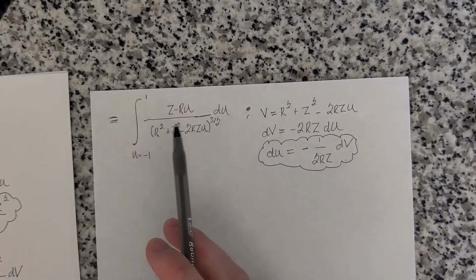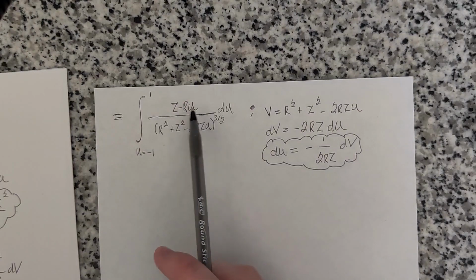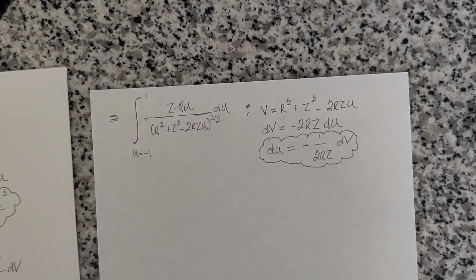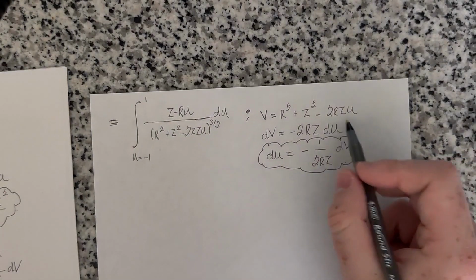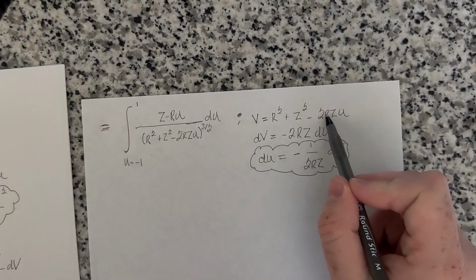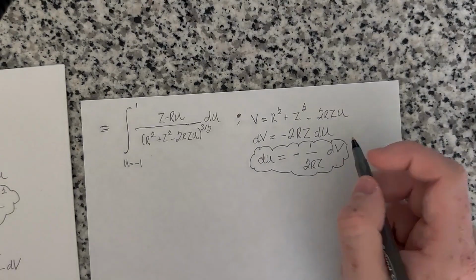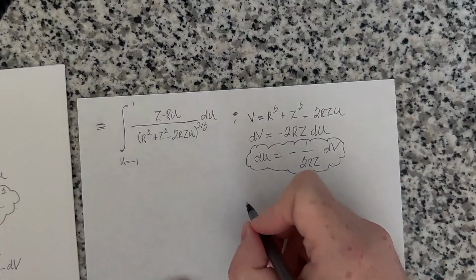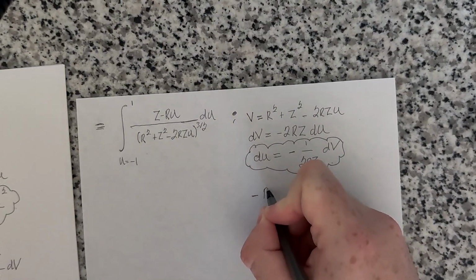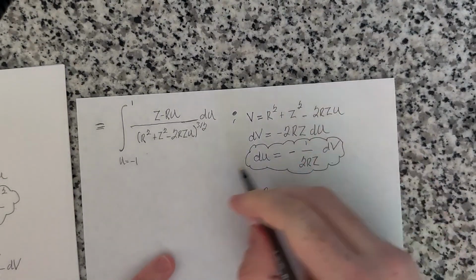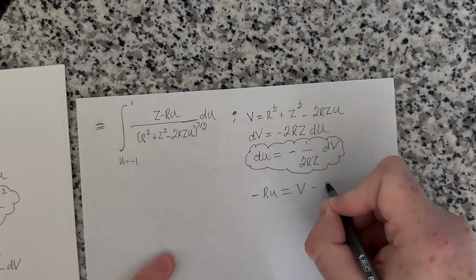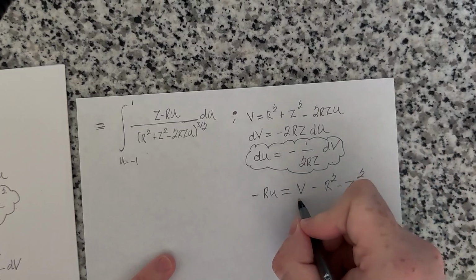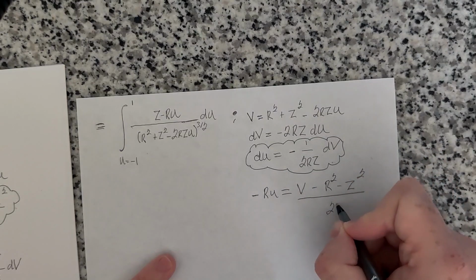And then we're going to replace what's on top here, z minus ru, in terms of v, since the bottom is already in terms of v. So how can we do that? Well, in our substitution we have minus ru here. So let's go ahead and try to solve for minus ru. Just doing the algebra, minus ru is equal to v minus r squared minus z squared, divided by 2z.